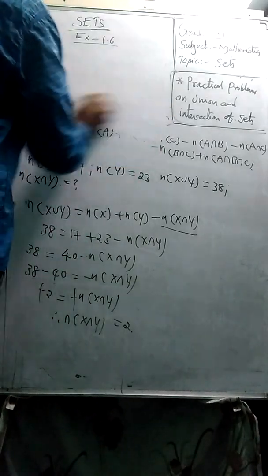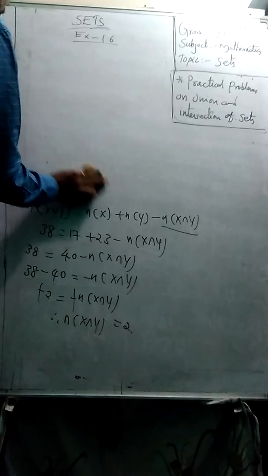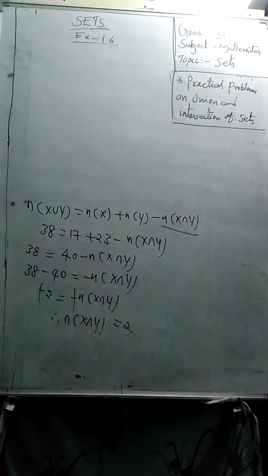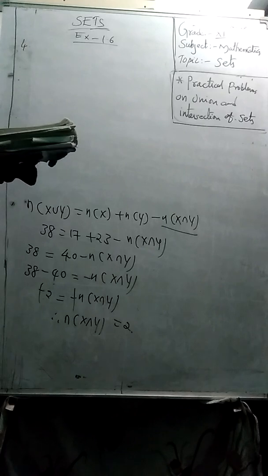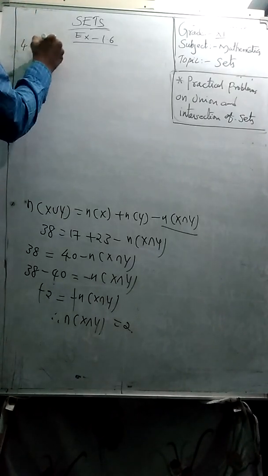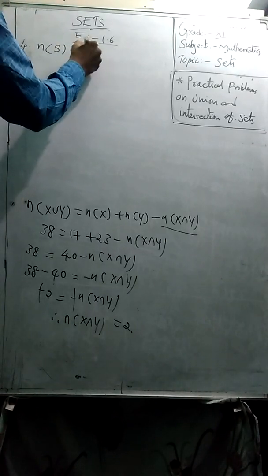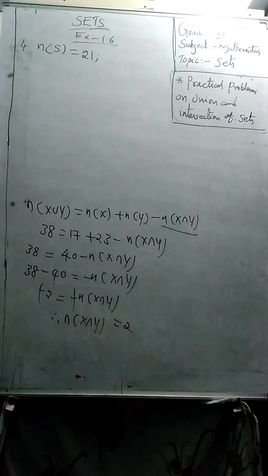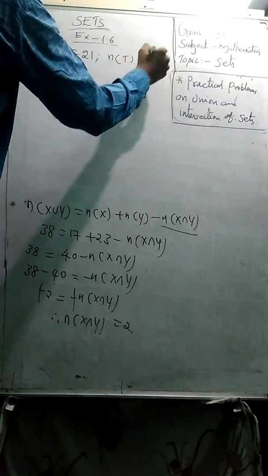When they have common elements, it is different. Students, when they have disjoint sets, it is a different way to solve it. Let me discuss one more problem, the fourth one. S and T are two sets such that n of S equals 21 elements, and T has 32 elements, that is n of T is equal to 32.